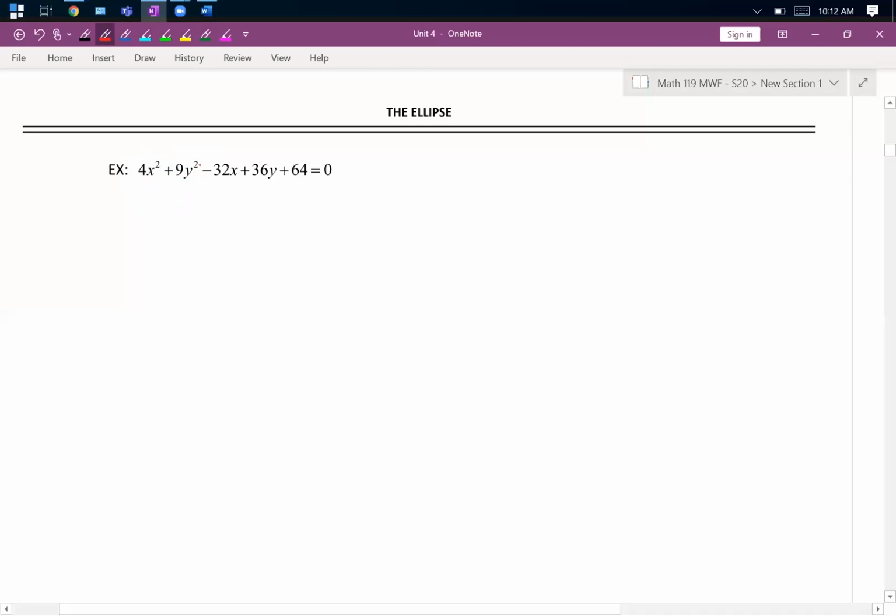All right, so I'm going to get organized to complete the square just like normal. I'm going to get my x terms together, leave a space, get my y terms together, leave a space, move my constant over to the other side. Now, with circles, we divided by whatever the leading coefficient is.